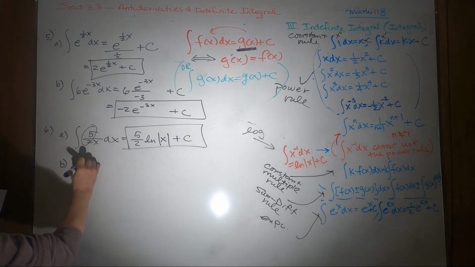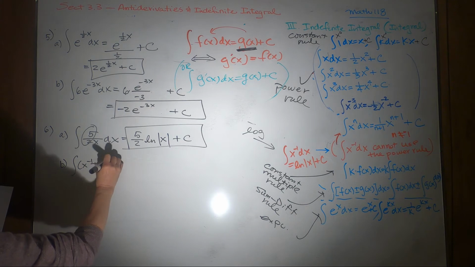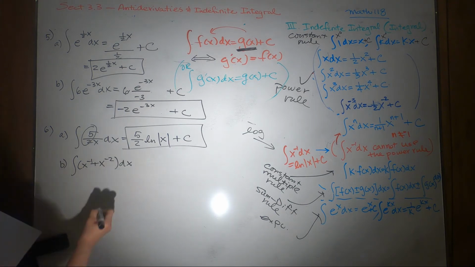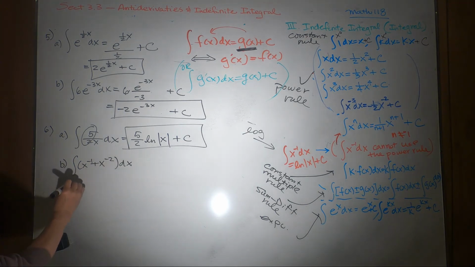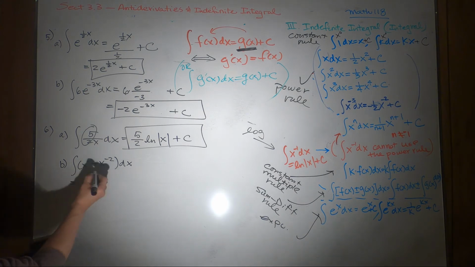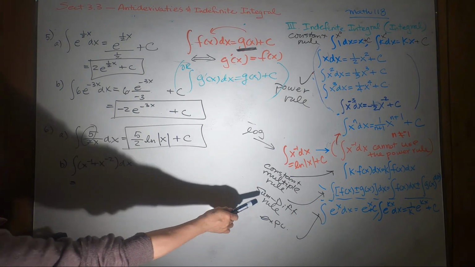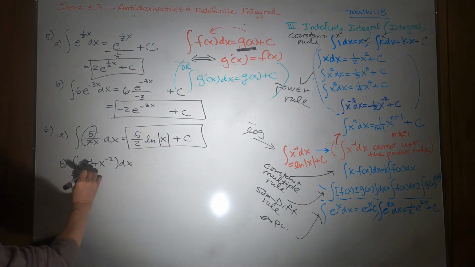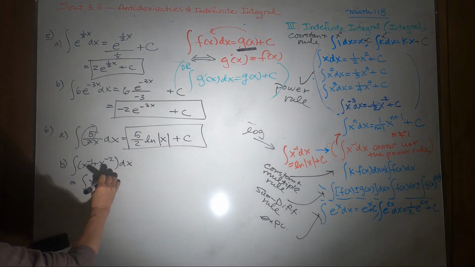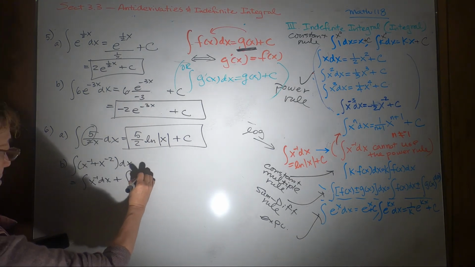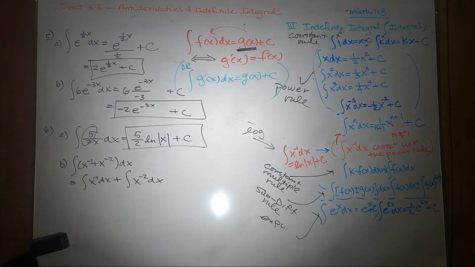Next one. What do we use? The sum and difference rule. So you actually have this one plus this one, right? Then for the first one, it's the -1 power. You cannot use the power rule. You need to use the natural log rule.